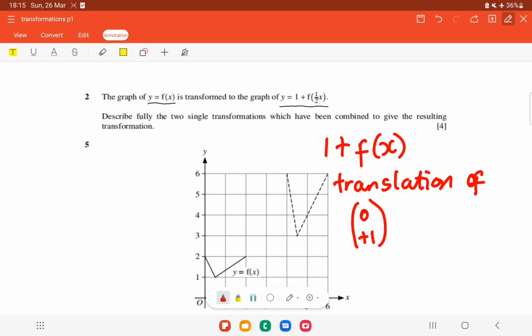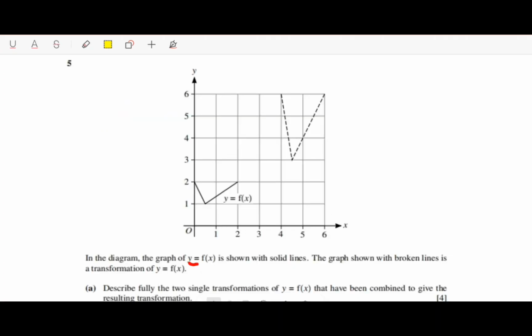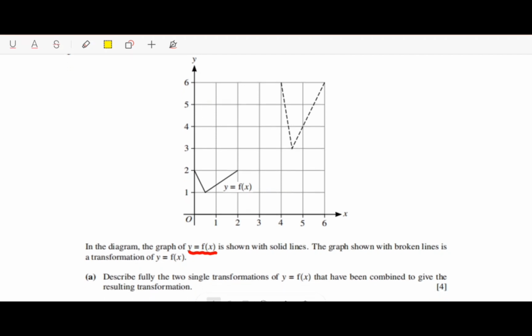The next question. In the diagram, the graph of y is equal to f of x is shown with solid lines. The graph with broken lines is a transformation of y is equal to f of x. Describe fully the two single transformations of y is equal to f of x that have been combined to give the resultant transformation. For this kind of question, the first thing you need to check before describing is the size of your graph.